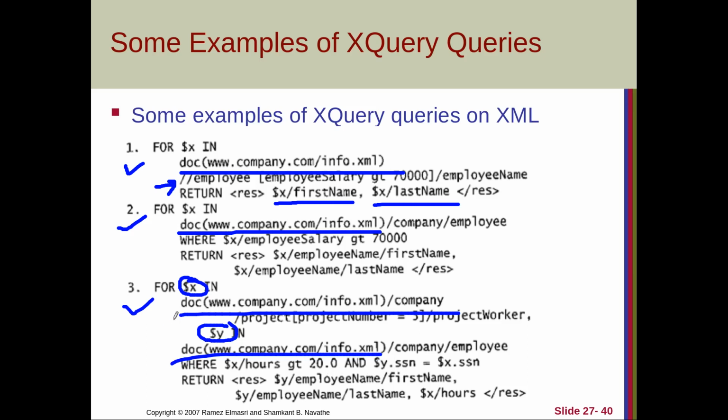It is just like a join operation that returns $y employee name first name, $y employee name last name, and $h hours. So two different relations are being joined. These are some examples of XQuery, which is used for querying the XML database.